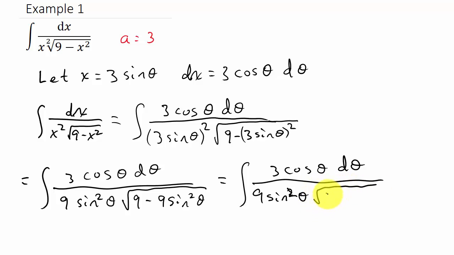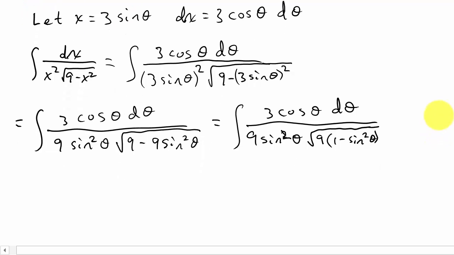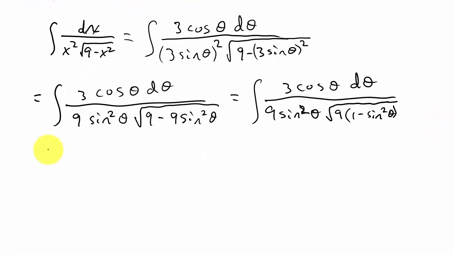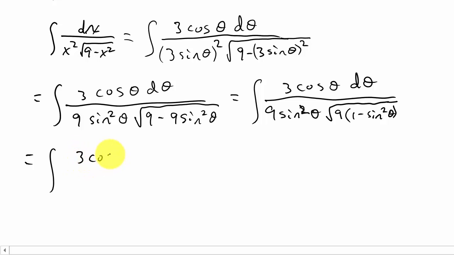That's the square root of 9 times 1 minus sine squared theta.